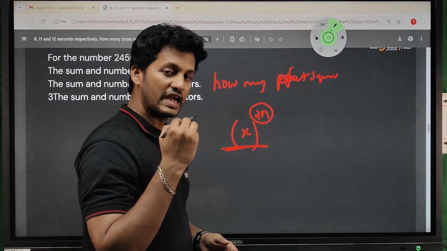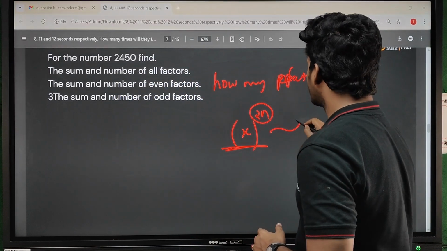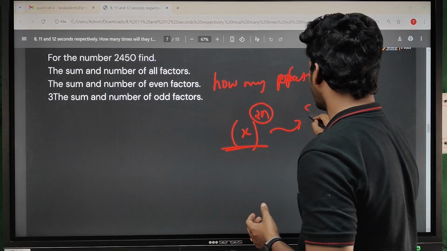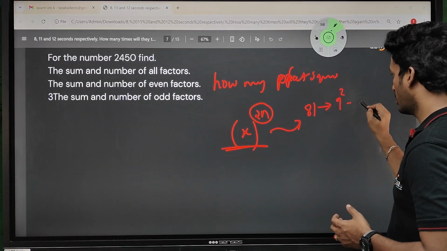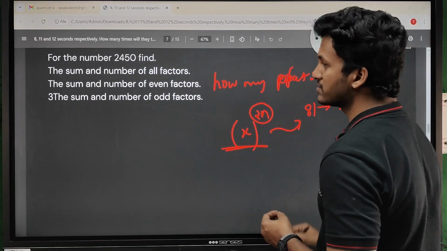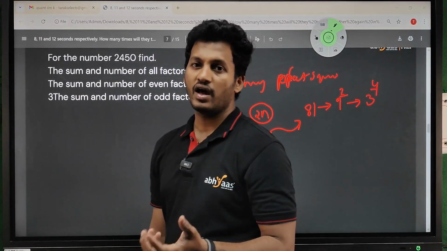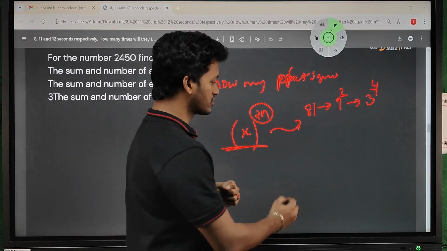Then only it will become a perfect square. Why? I can express any square, for example 81, as 9 square or 3 power 4. So if the exponent is a multiple of 2, I can say that it is a perfect square.